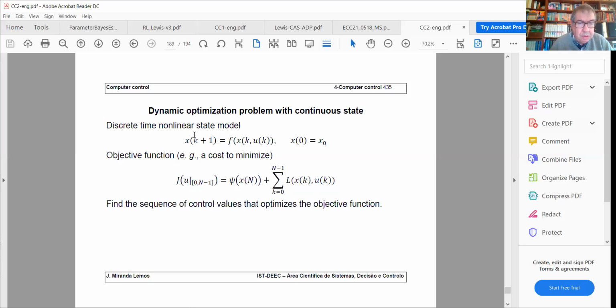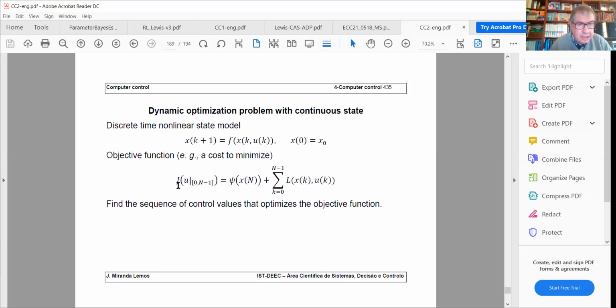And this is not new because we have spoken about the state model with some initial condition. And we have a cost, an objective function, which is a function of the sequence of u between 0 and N minus 1. I wrote this function as u, vertical slash, and then between brackets 0, the initial time, and N minus 1, the final discrete time.